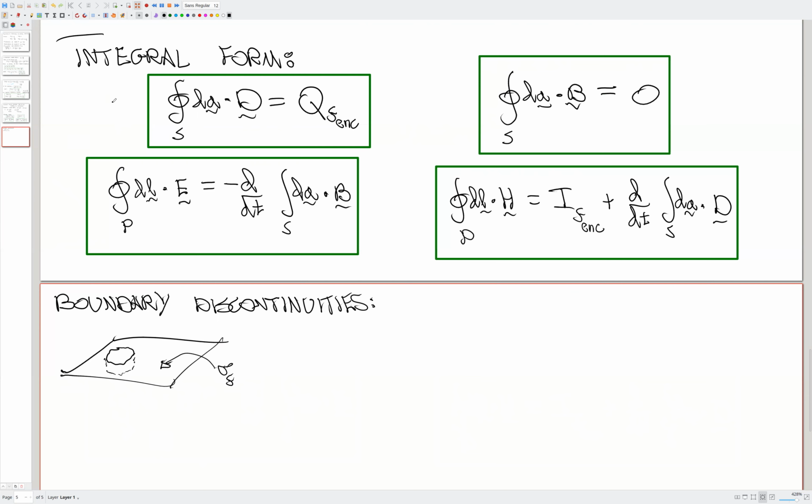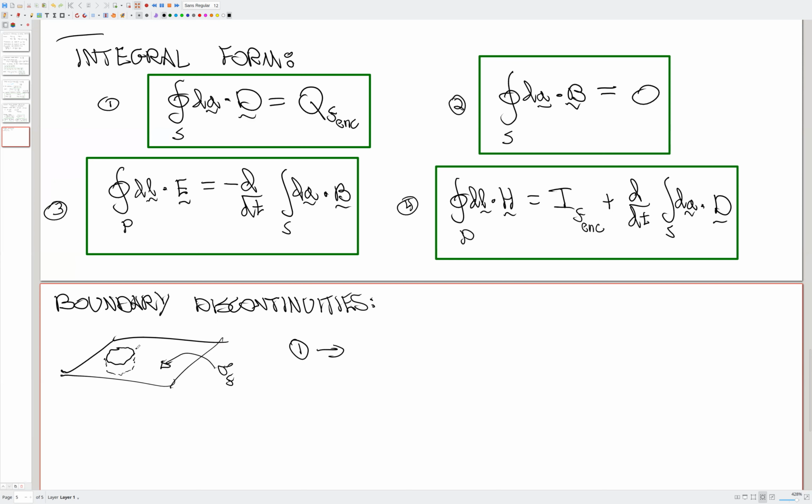If I take this Gaussian pillbox, and I slice it such that it's very thin and straddling both sides of the surface here, then what do I get?